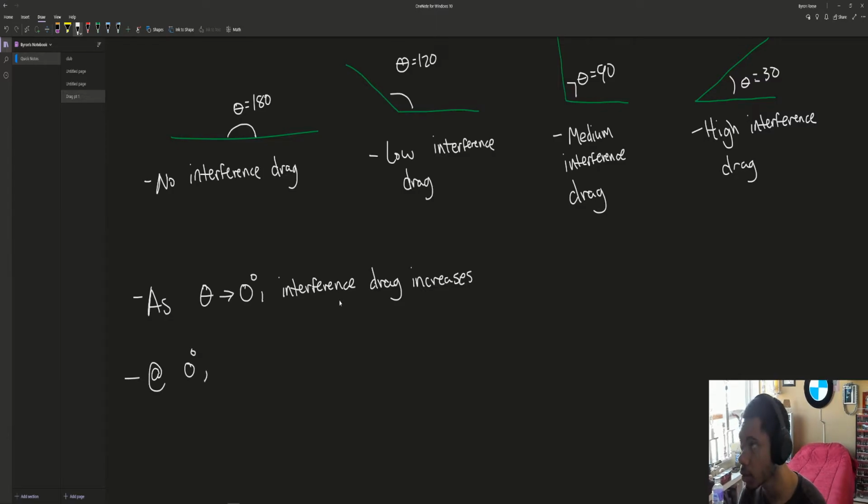At 0 degrees, theta equals 180 degrees. It's very, very important to know, if they are at 0 degrees, then it is now back to being at 180.